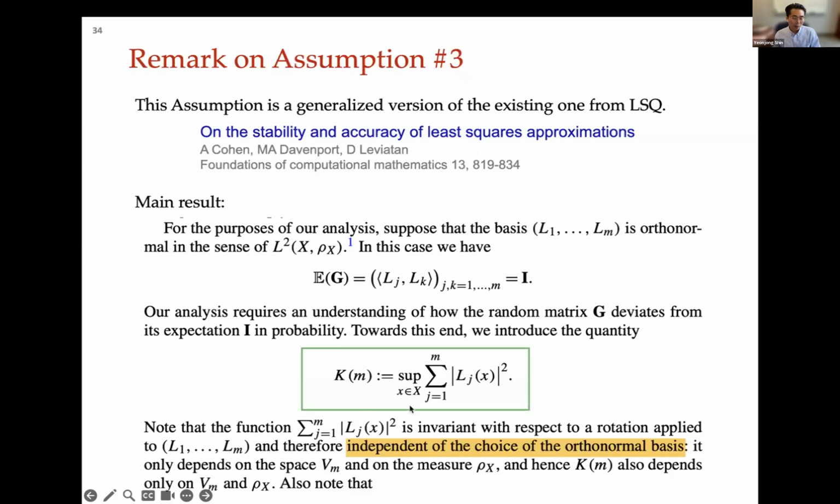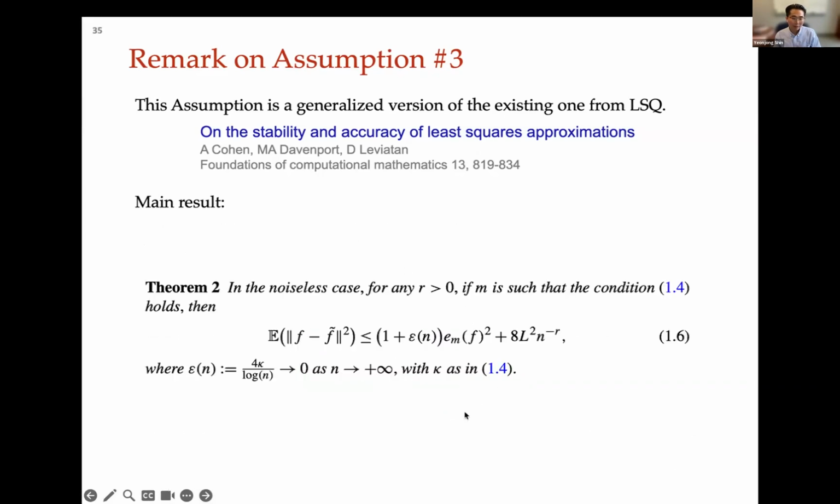What's important is that this value should be independent of the choice of the orthonormal basis. That is one of the things this paper discusses. Independent of the orthonormal basis, every story holds to satisfy this.